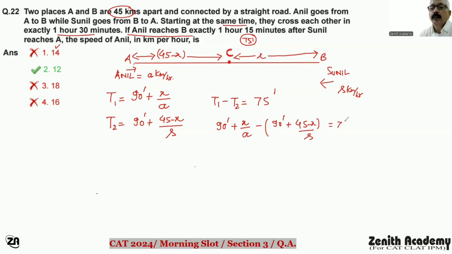This is equal to 75 minutes. So look, this 90 and this 90 cancel out. Now we get x upon a minus (45 minus x) upon small s, and this is 75 minutes.